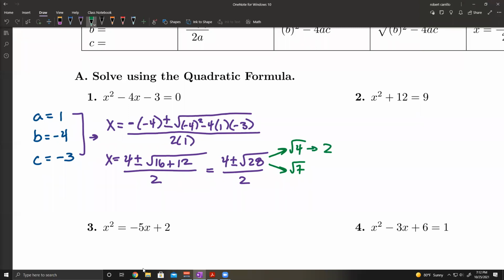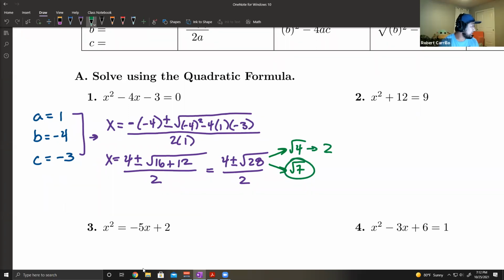Can you break down square root of 7 any more? Nope. So here we go. We're almost done with our final write-up. So x equals now 4 plus or minus 2 square root 7 all over 2.